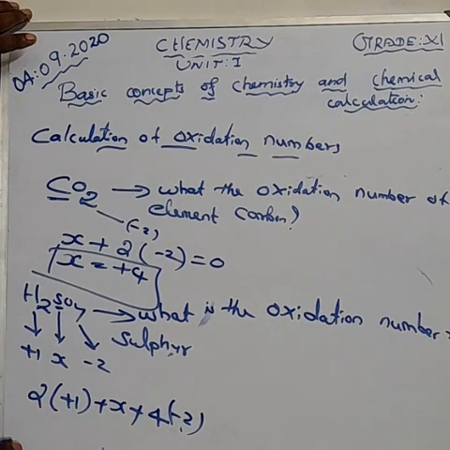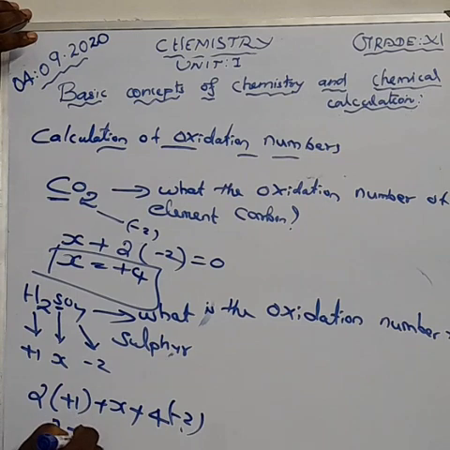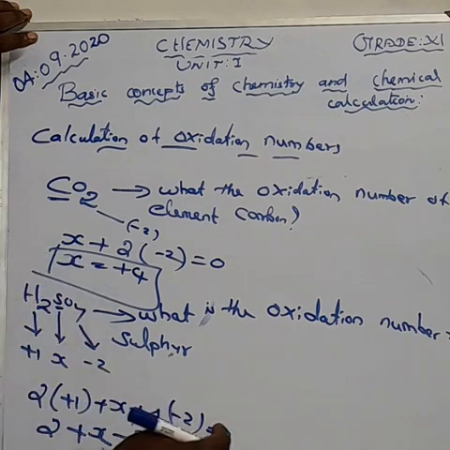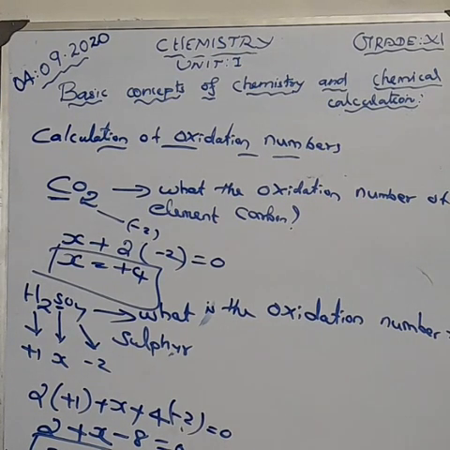So 2 plus X minus 8 equals 0, because the compound has no charge. Am I right? Next, what is X? X is equal to +6. So the sulfur oxidation number is +6.